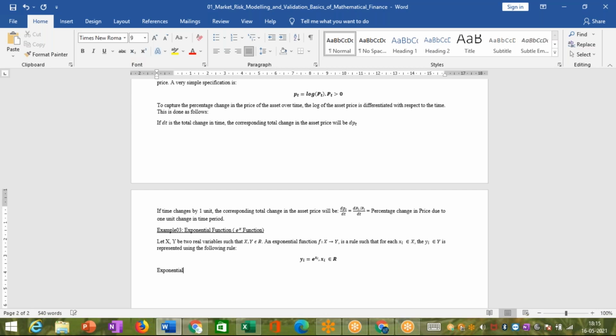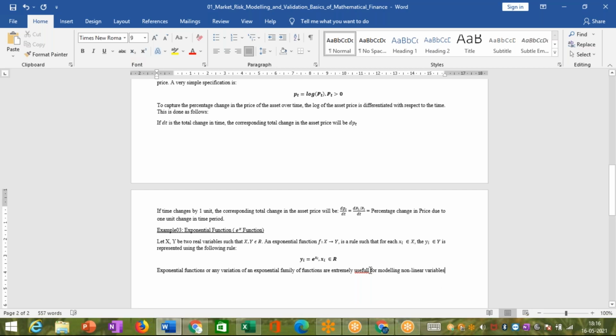So exponential functions, or any variation of an exponential function, and the exponential family of functions are extremely useful for modeling nonlinear variables.